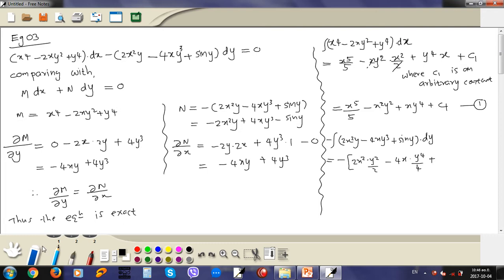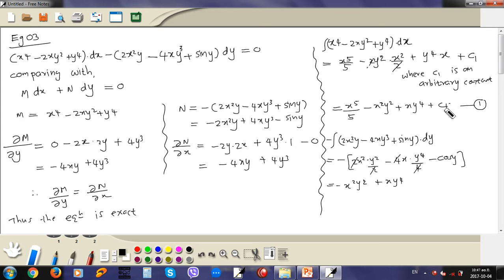Then you can cancel this, and this comes as minus x²y², plus 4 and 4 cancel, xy^4.